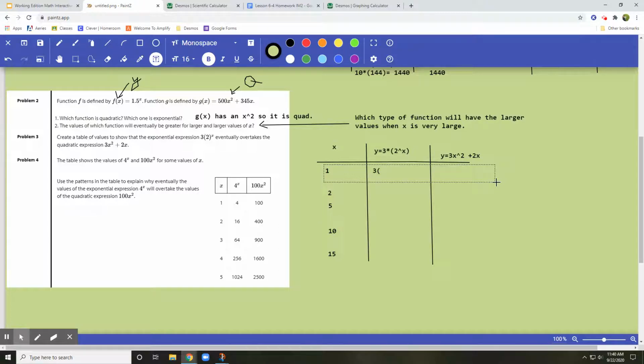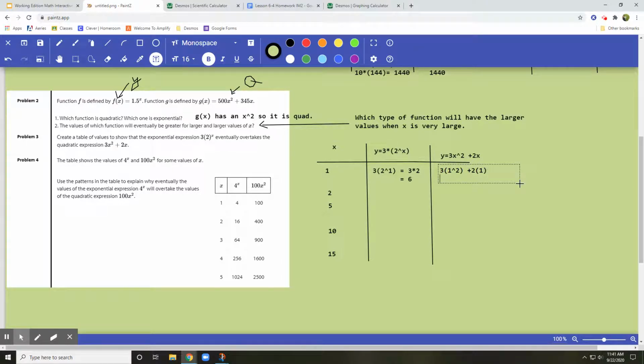So 3 times 2 to the first power is 3 times 2, which equals 6. And then if we do the same thing over here, we're going to have 3 times 1 squared, which is 1, plus 2 times 1.